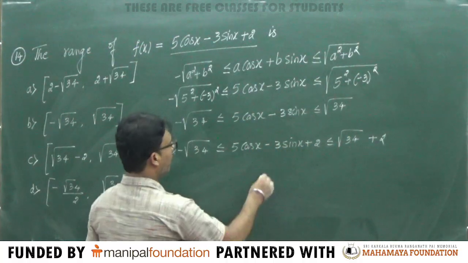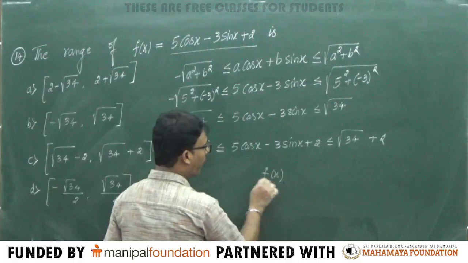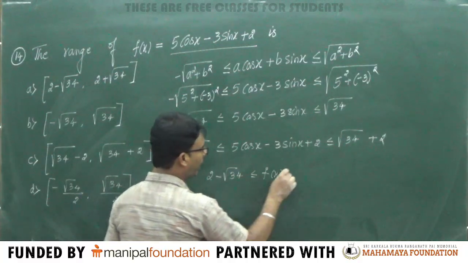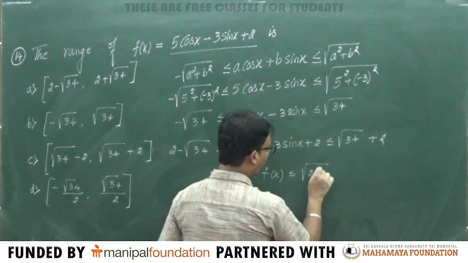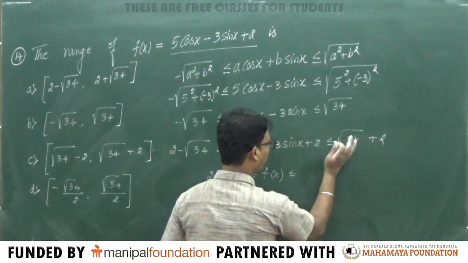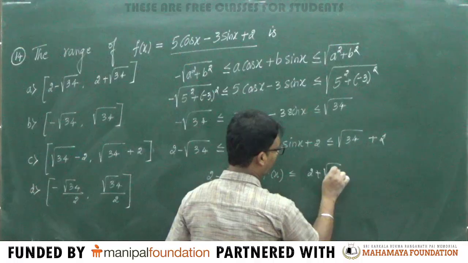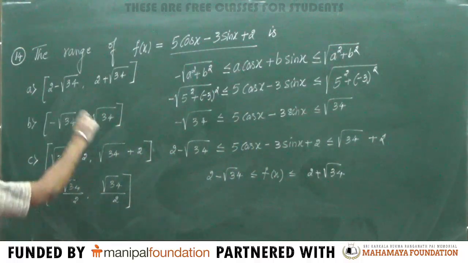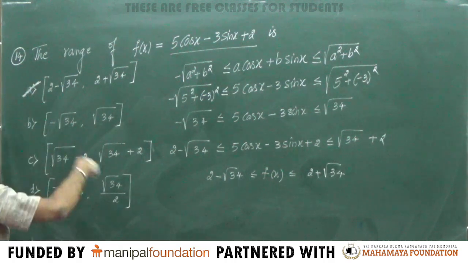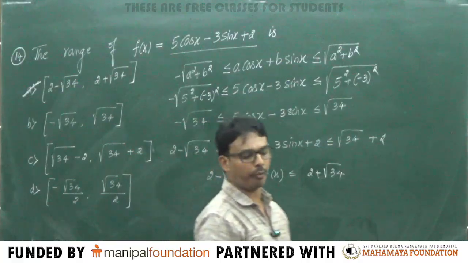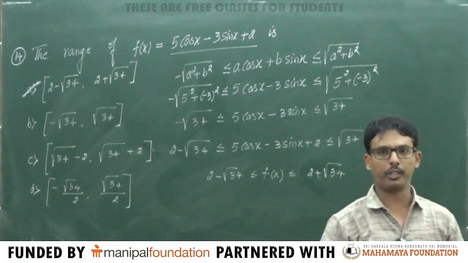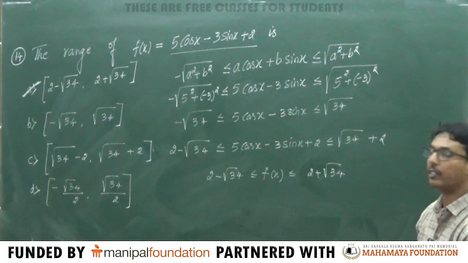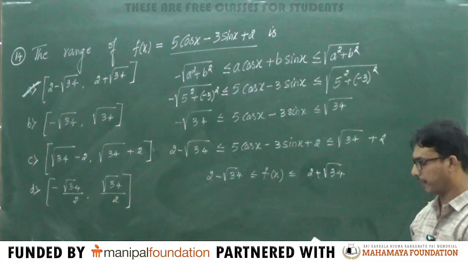That means the value of the function f of x lies between 2 minus square root of 34 and 2 plus square root of 34. And both are included. Therefore, the range of the function is the closed interval 2 minus square root of 34, 2 plus square root of 34. That is the range of the given trigonometric expression.